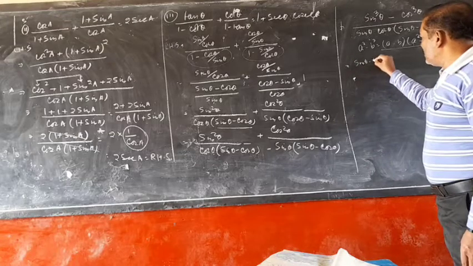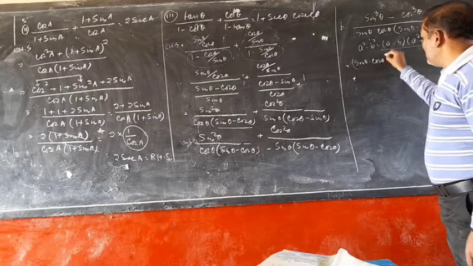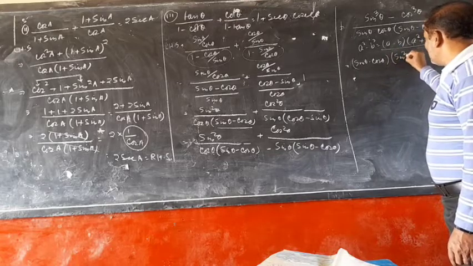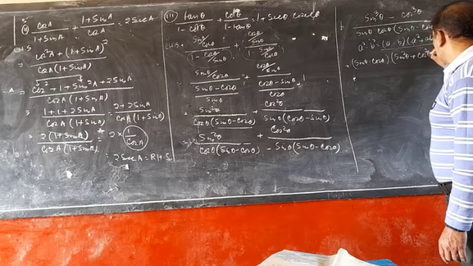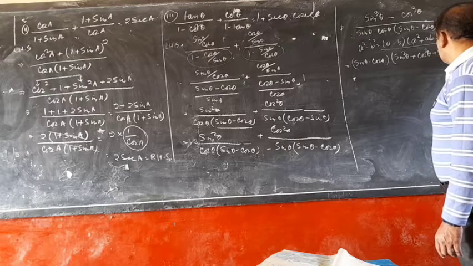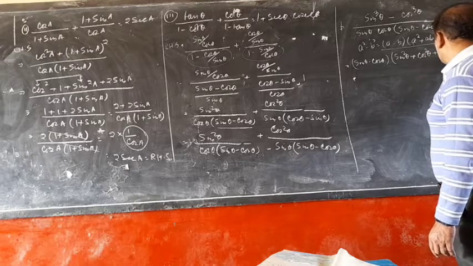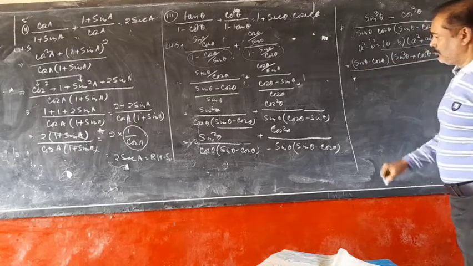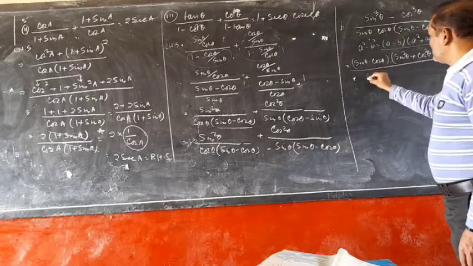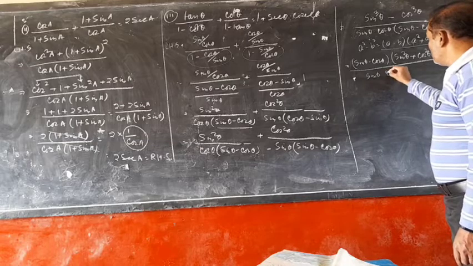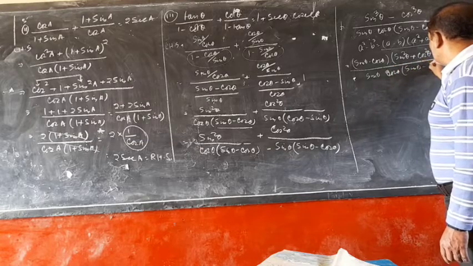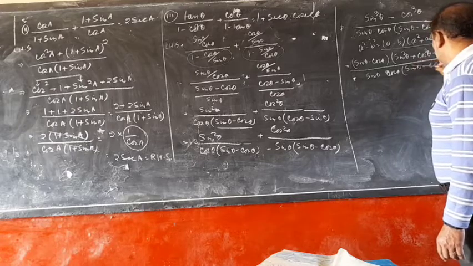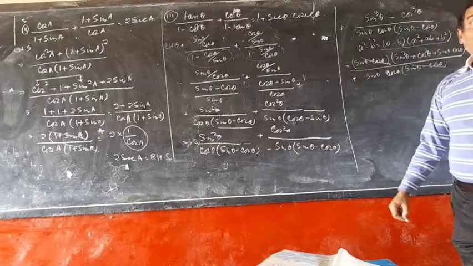Sin theta minus cos theta, times sin square theta plus cos square theta plus sin theta into cos theta, upon sin theta into cos theta into sin theta minus cos theta. These both will be cancelled.